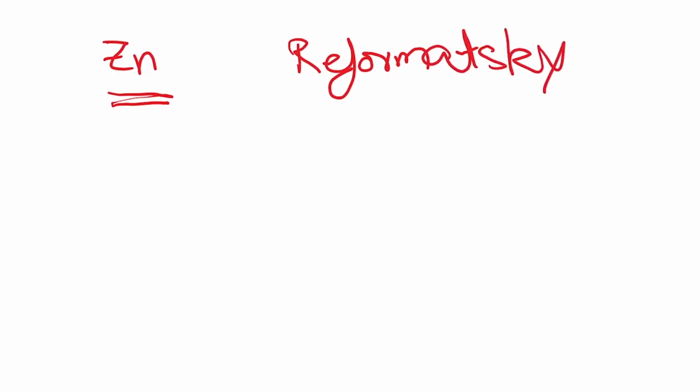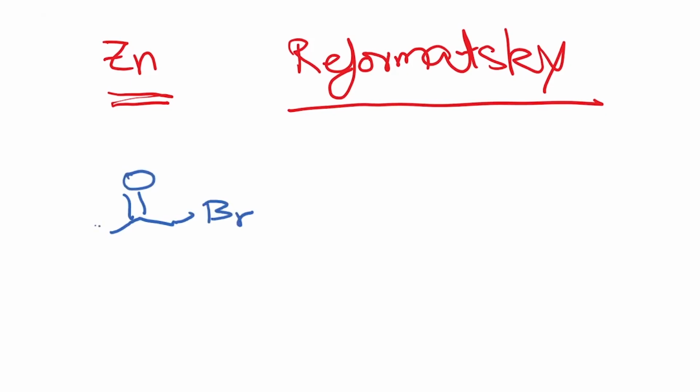Zinc is used in this reaction, and this reaction is called the Reformatsky reaction, and it's a fairly powerful reaction. So the way we would do this reaction is to take an alpha bromo ester.